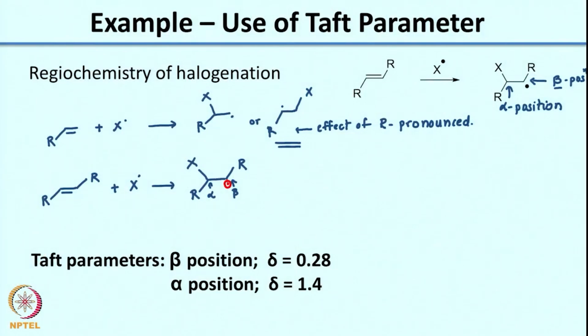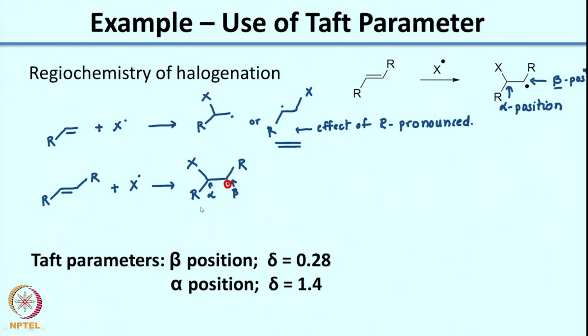So what you see is at beta position the correlation is very small in magnitude, it is 0.28, but at the alpha position you have a very large correlation of 1.4. So what that tells you is that at alpha position sterics plays a much more important role than the beta position.